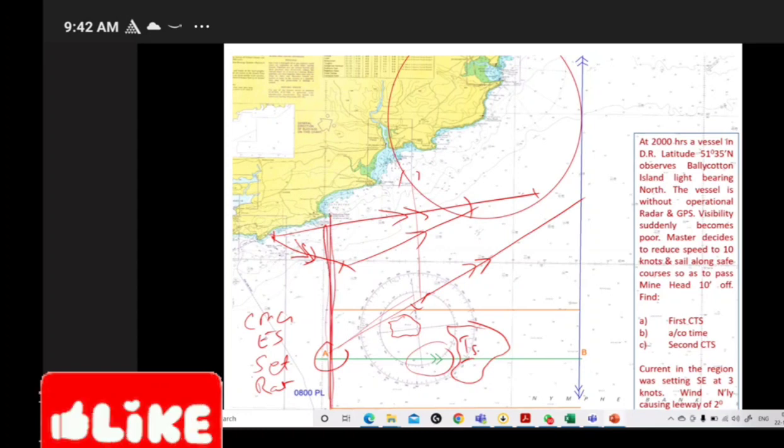It will be in the vicinity of either the DR, like in this case we took it at DR, or if it was a celestial PL, we will take the point through which the celestial PL is drawn, because the PL will pass through that point, right, beta? Yes, sir. Am I clear about it now? Yes, sir, understood.